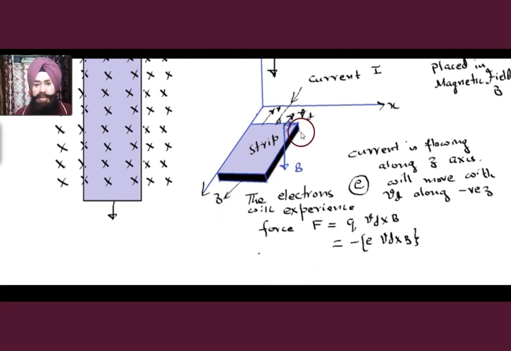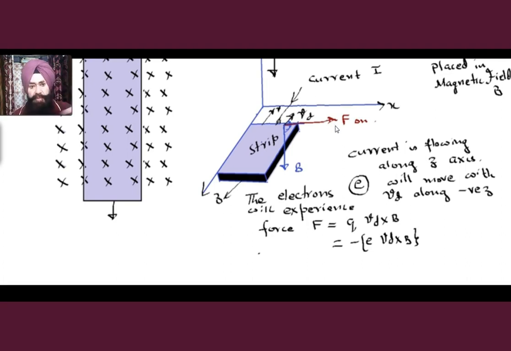This is the direction of the magnetic field, and electrons are drifting towards the negative z-axis. So they will experience a force, and the force will be along the x-axis. This is very simple if you apply Fleming's left-hand rule.